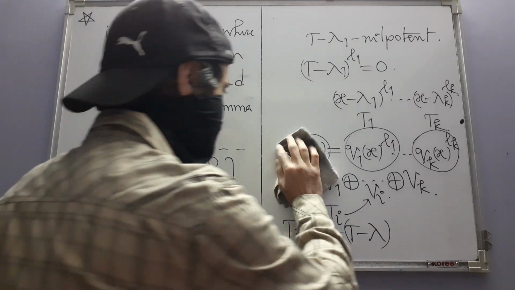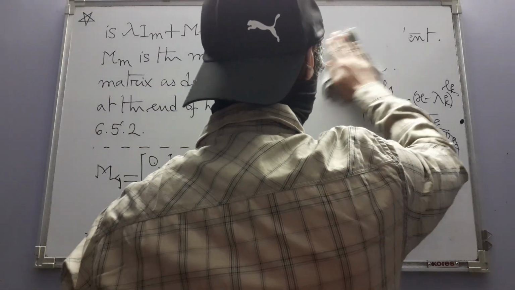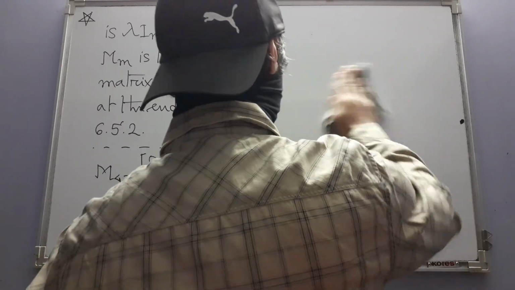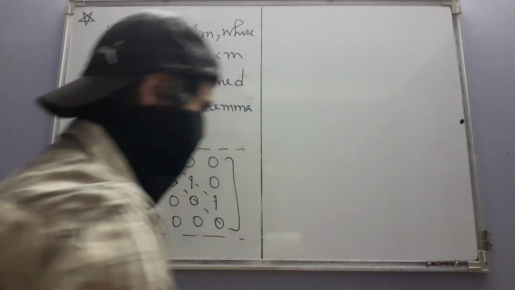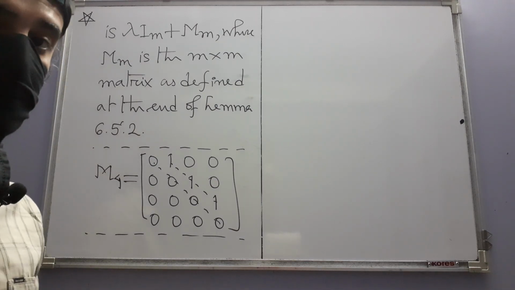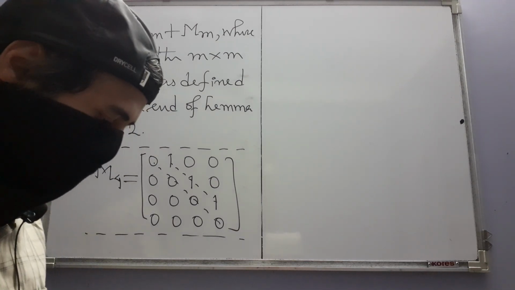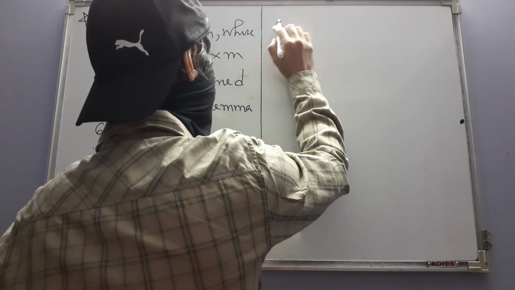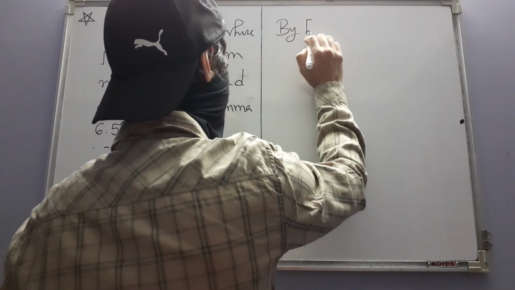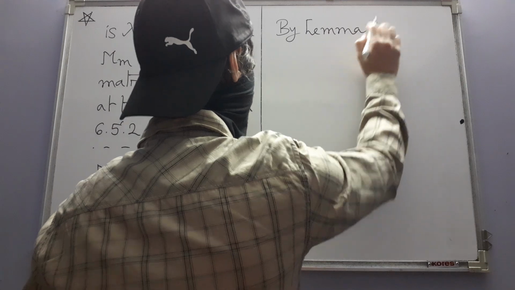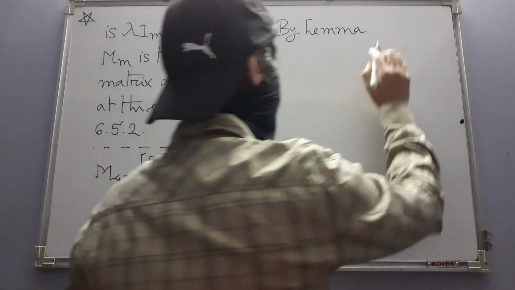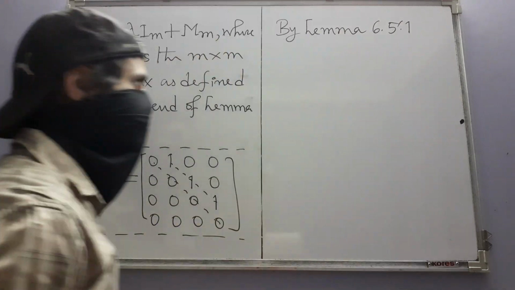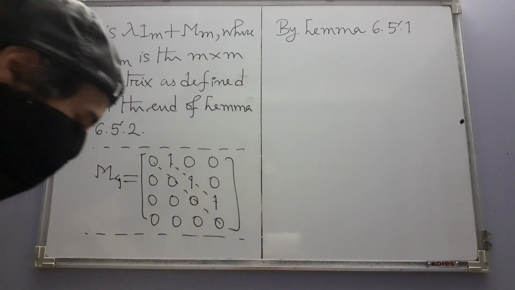And now if we write this entire thing systematically, it will look like this. We will have to refer to the relevant results that will justify this simplification. And the author writes, by lemma 651. You can go back to these results and see how they justify this simplification.